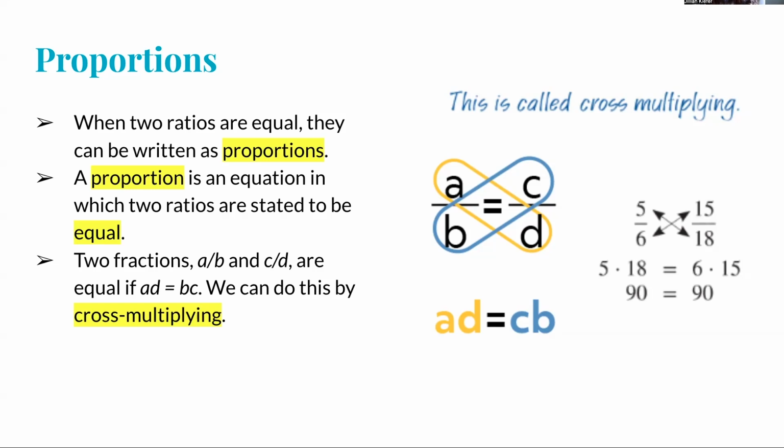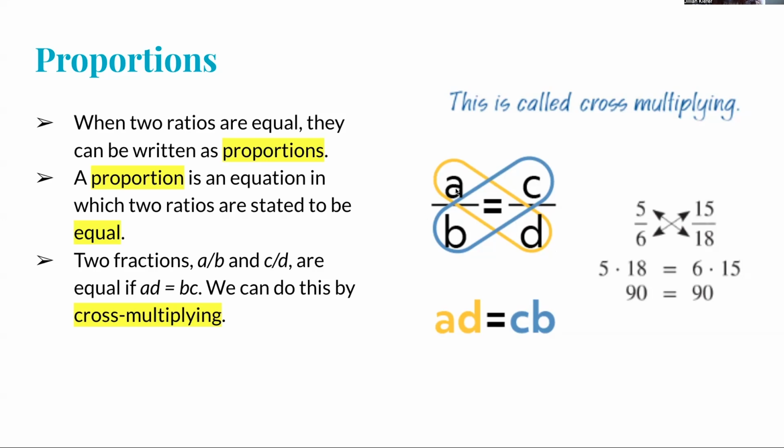So you may have done this before, but if not, here's a little mini lesson. We say this is called cross multiplying. So if you have your ratio A over B, and that's equal to C over D, cross multiplying means you're going to multiply the numbers that are across from each other, and you're going to keep the equal sign.